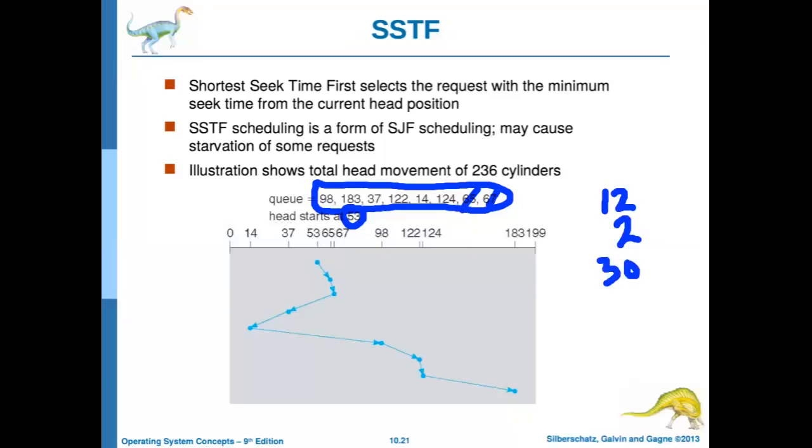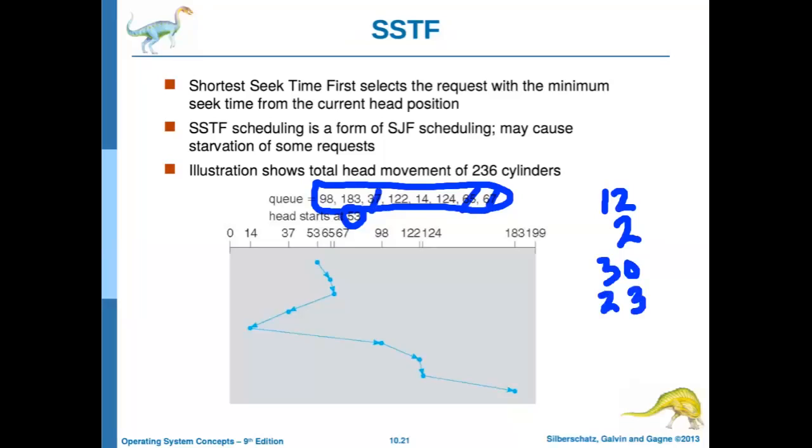So after 37, what is remaining? 98, 183, 122, 14 and 124. Because right now I am at 37, the nearest to me is 14. So 37 minus 14 gives me 23.